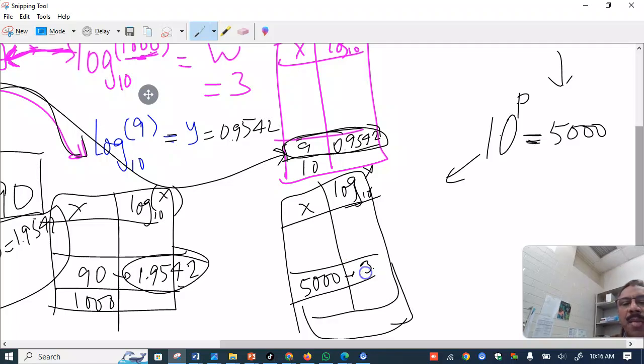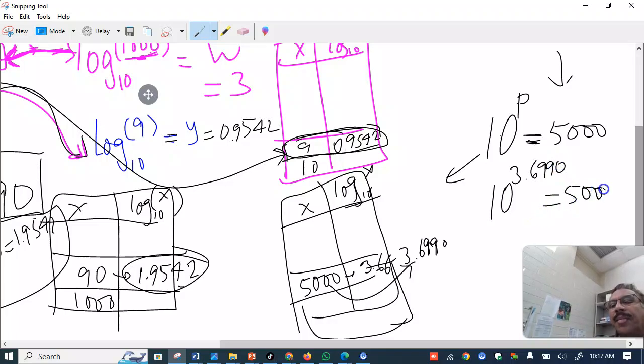So 5,000, if you see from your table, you can check this. This is given as 3.6990. So you look out for 5,000, and that gives you this. That means 10 raised to 3.6990 is 5,000.